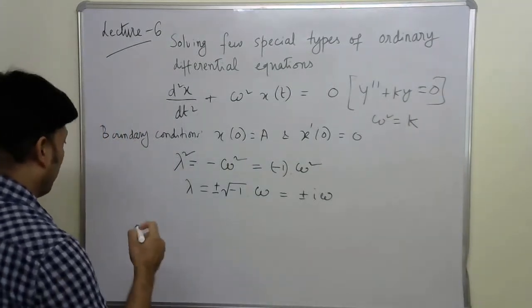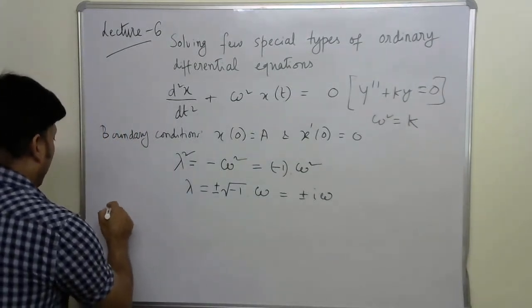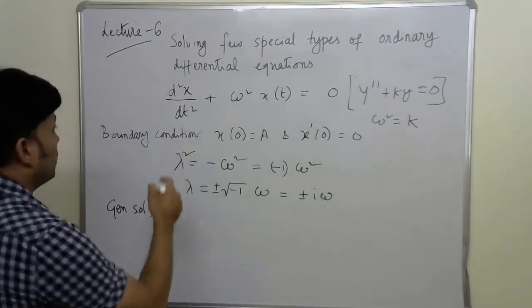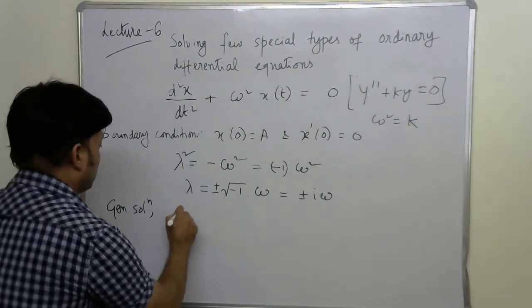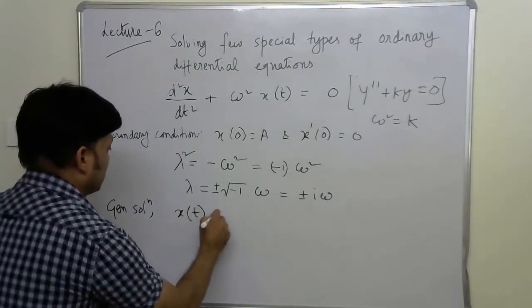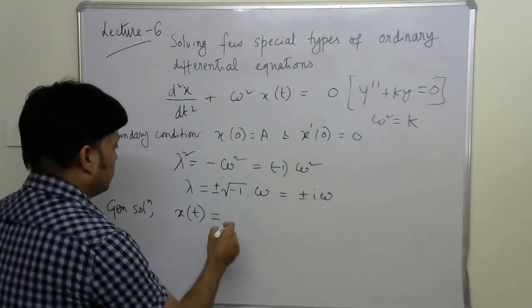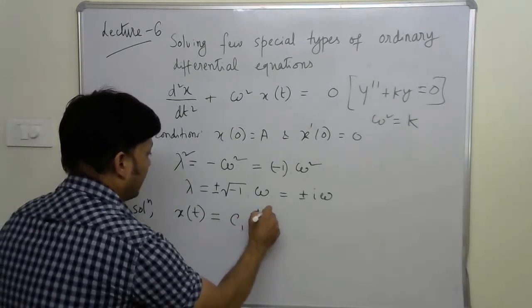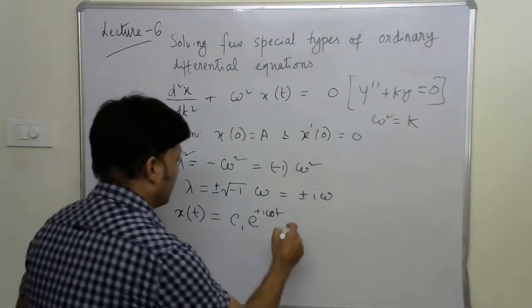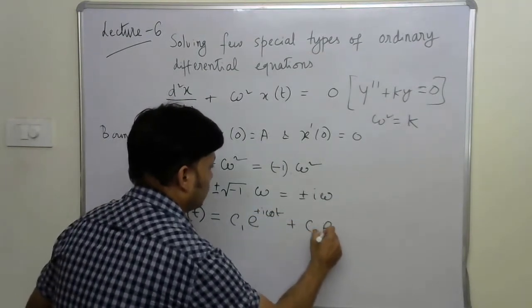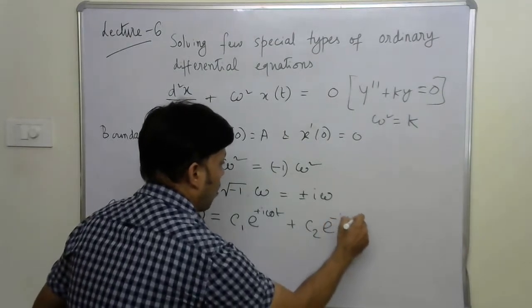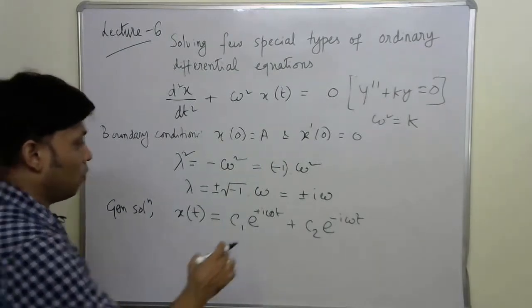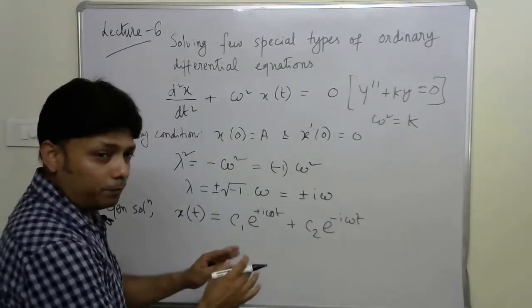Alright, so if this is the lambda value, then obviously we can find the general solution. Remember, the general solution is in the form of x(t). So x(t) is equal to c1 e to the power plus i omega t plus c2 e to the power minus i omega t.